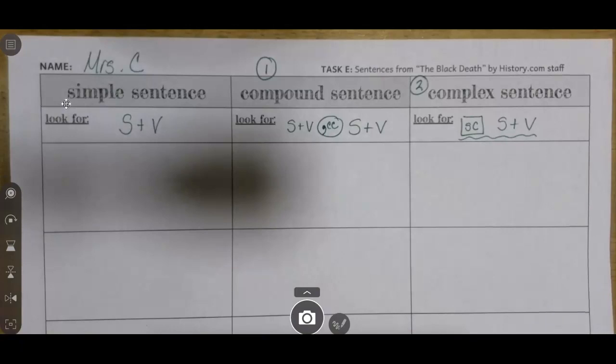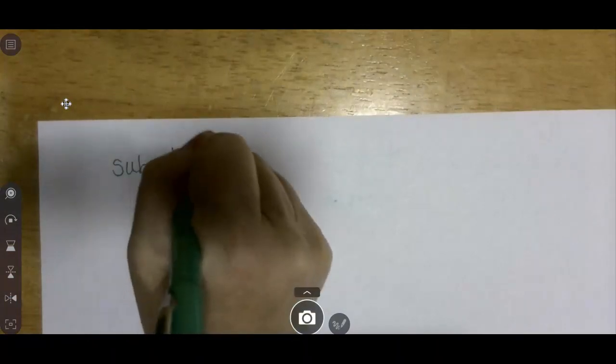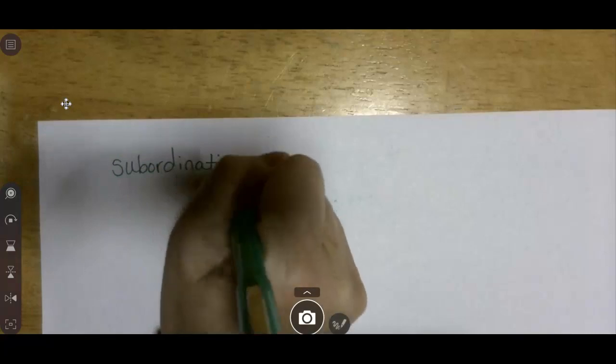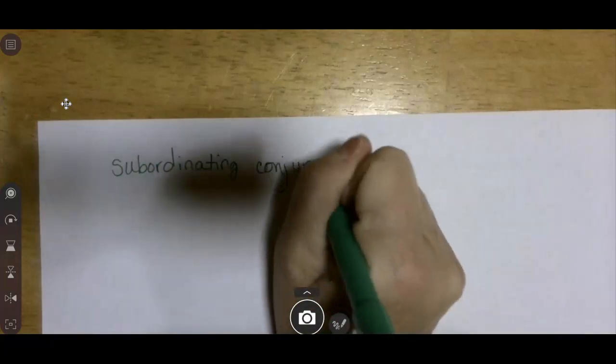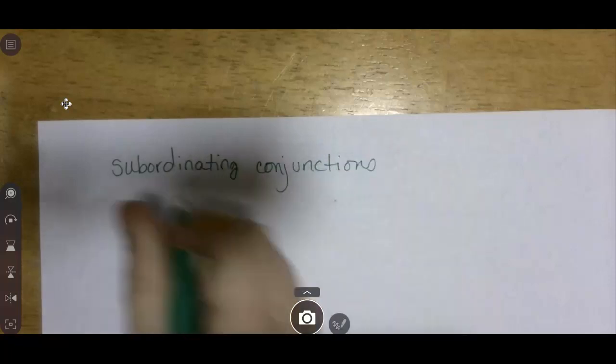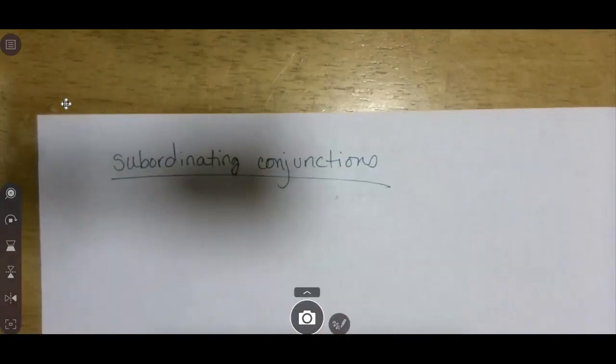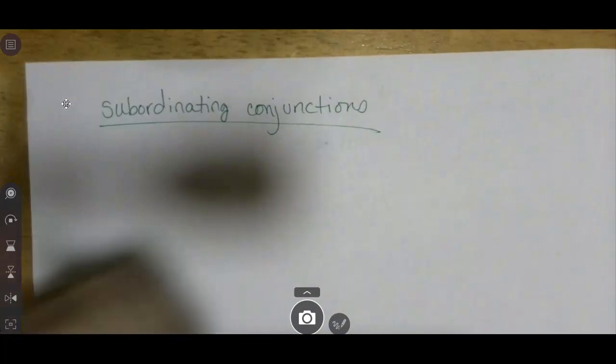So what I would like for you to do before you get started on this is flip your paper to the back, and I want you to write subordinating conjunctions and brainstorm as many as you can think of. We want to get to the point where these are a little bit more automatic, like prepositional phrases where we can just find them in a sentence.